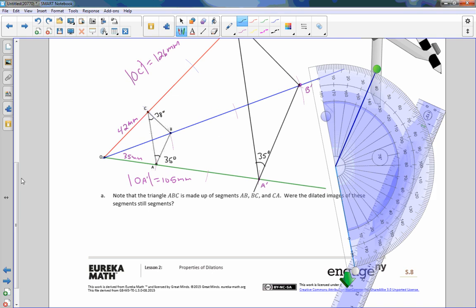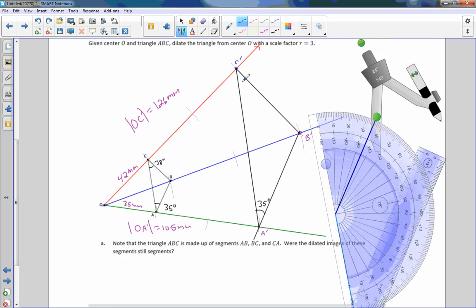So that means this angle up here is also, let me do two arcs by the way, they're not congruent, 38 degrees. And then finally, 38 and 35 is 73. I need 107 degrees for B. So this angle right here is 107 degrees. So therefore this angle right here is also 107 degrees.